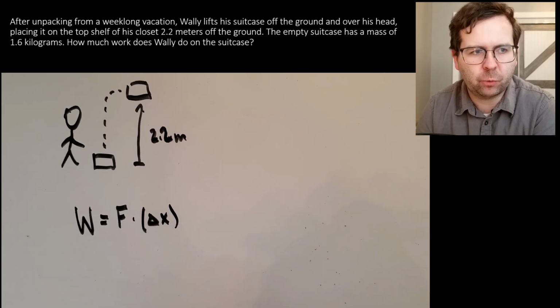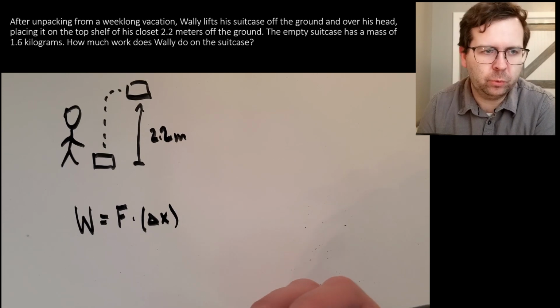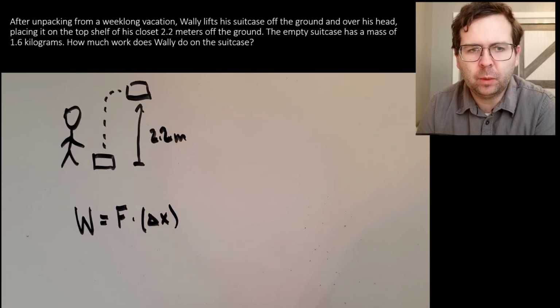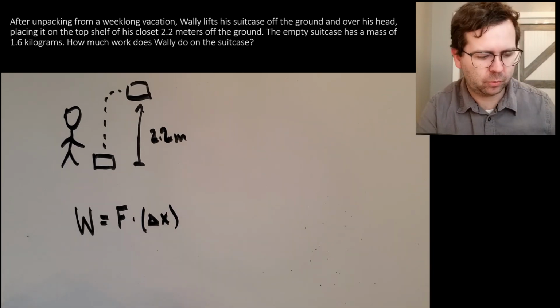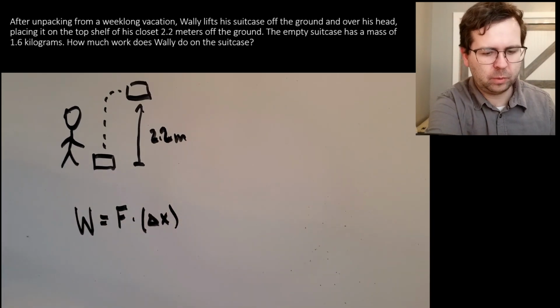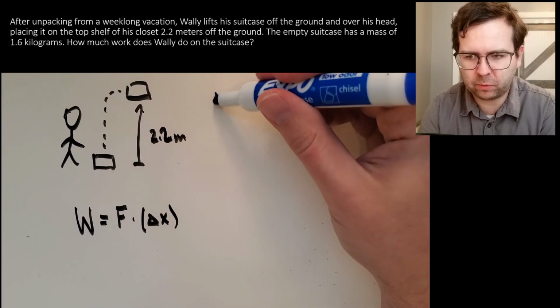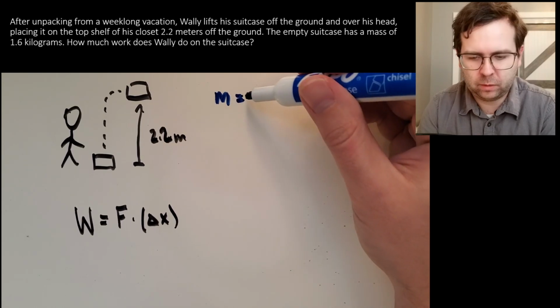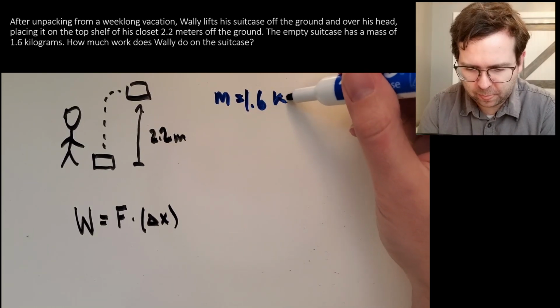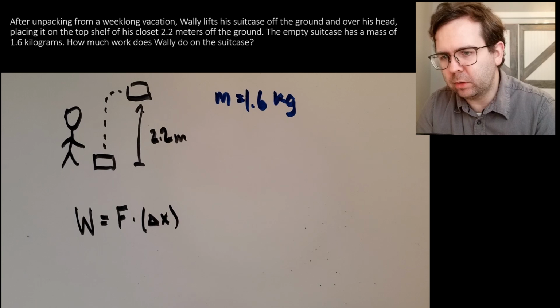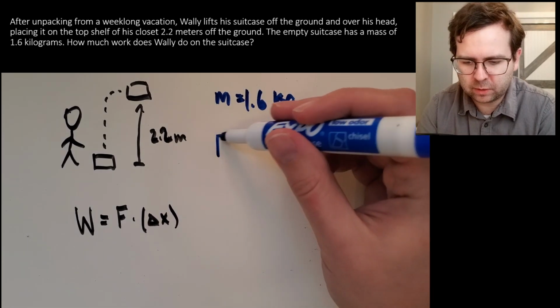And we're not given a force from the word problem. There's no newtons in the word problem. However, we do know that the suitcase has a mass of 1.6 kilograms. And that's noteworthy because if we know that the mass of the suitcase is 1.6 kilograms, then we can use that information to find its weight.